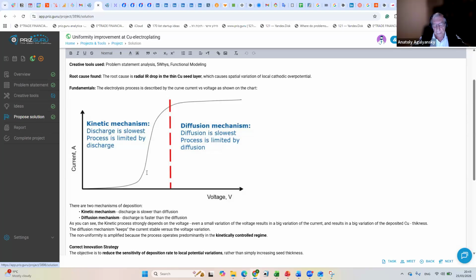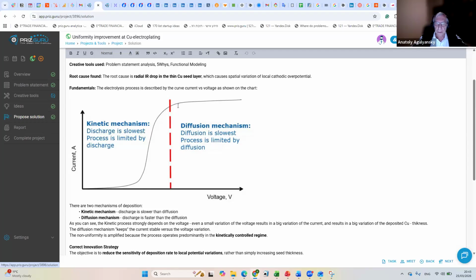resistivity of the seed layer. We should move the process into the direction where there is no sensitivity to voltage. And this is this direction.